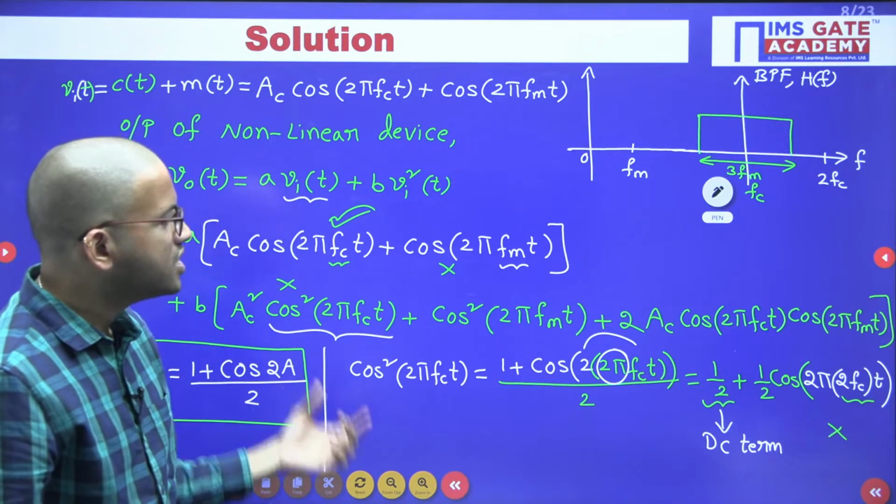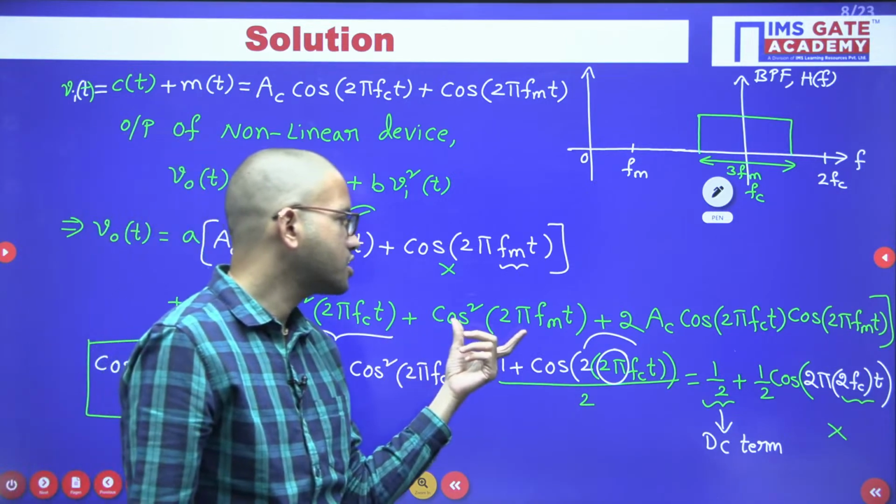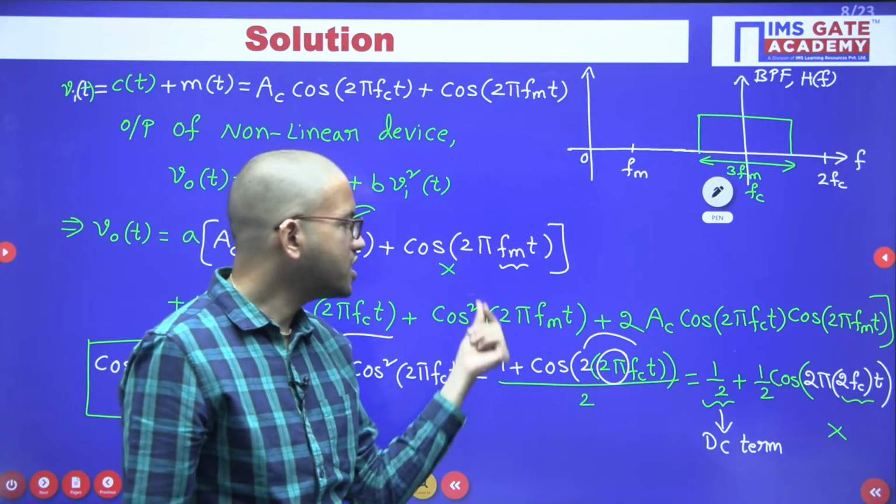Okay. So with this understanding, all of you give a try regarding this particular term, whether the band pass filter will allow it or not.